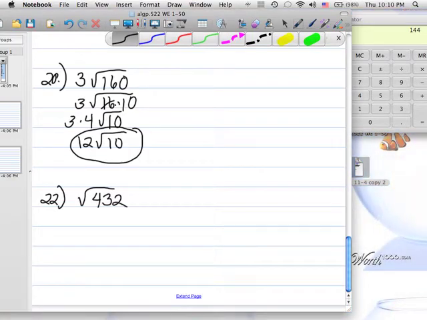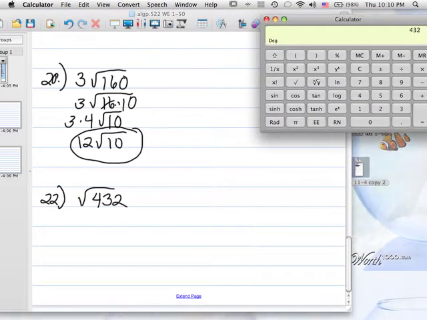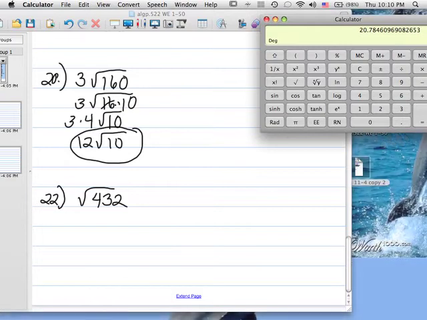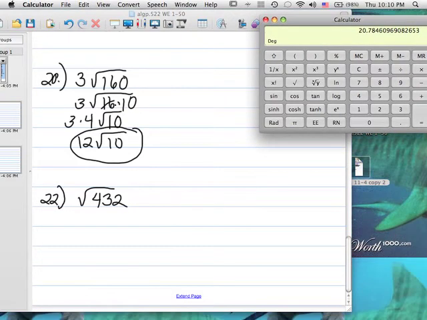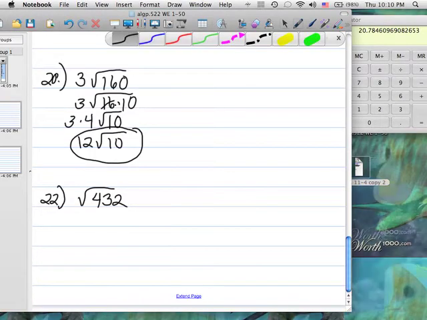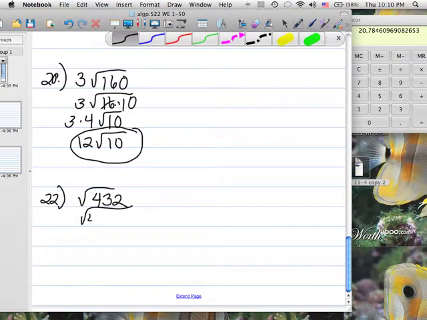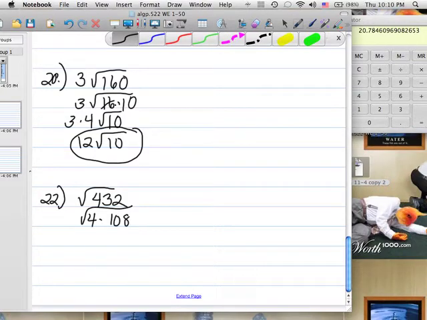The square root of 432. We can check it out and see if it works. It doesn't. So let's see if we can find a perfect square. We know 4 goes in there. You can see that. So this is the square root of 4 times 108.